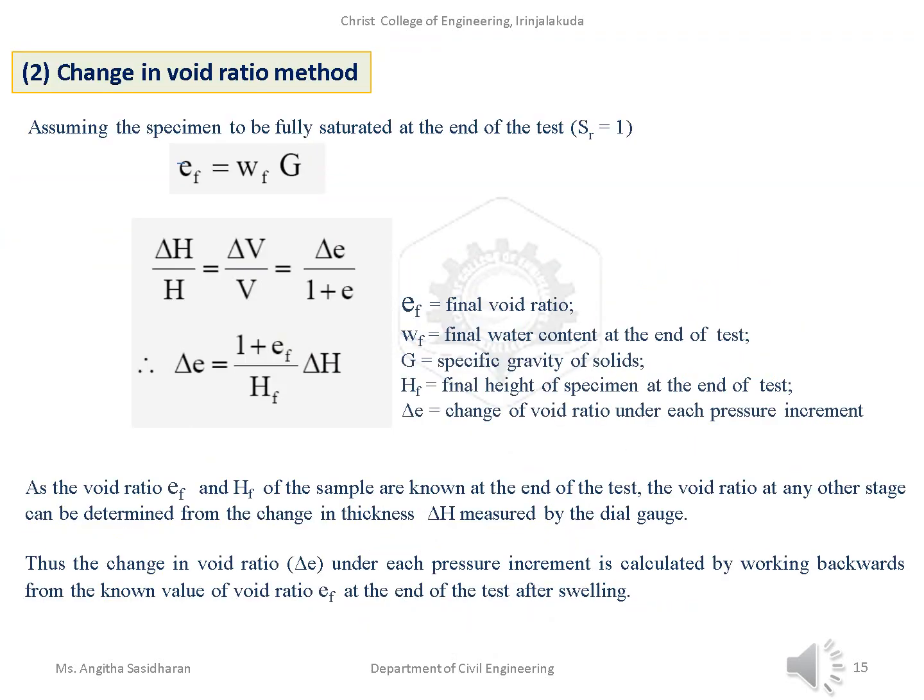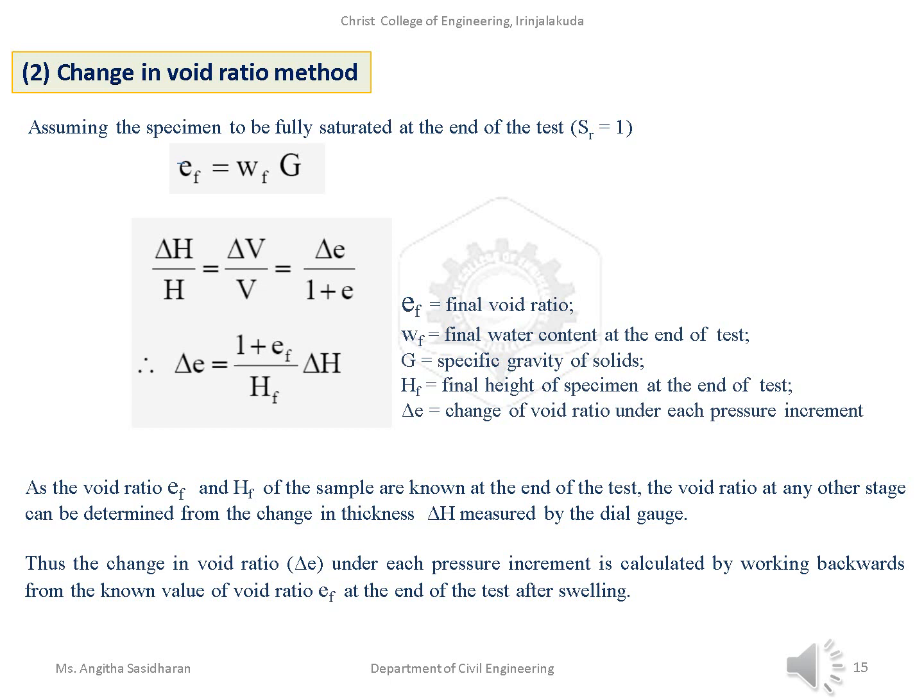In the change in void ratio method, we can again find the void ratio by the following procedure. We have to assume the specimen is fully saturated by the end of the test. So we know that void ratio e is equal to w G divided by S_r, where S_r is equal to 1 for a fully saturated soil.